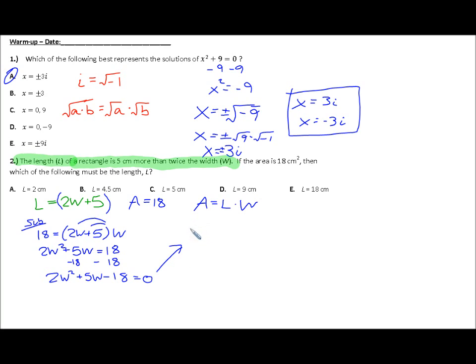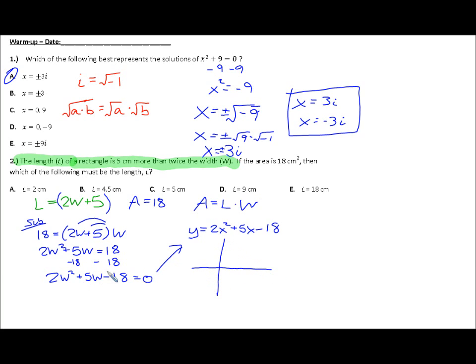If you're looking at a graphing calculator, it's usually in terms of y and x. So we'll make a function called y equals, but instead of putting w, our only variable, we're going to just call that variable x, because the calculator likes to call it x. So y equals 2x squared plus 5x minus 18. Remember that this is a quadratic, so it's going to give you a parabola when you graph it.